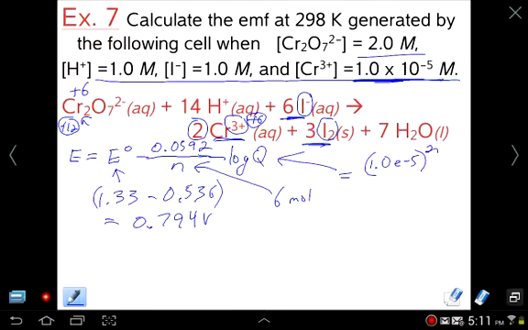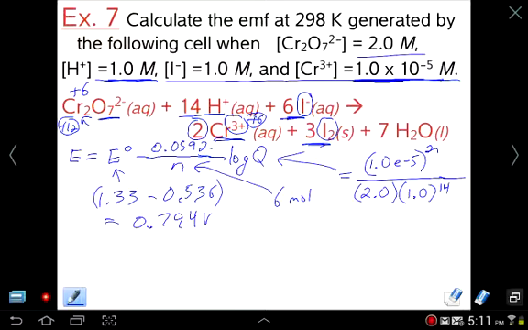And then the other concentrations are going to be reactants. So we have dichromate is 2.0 multiplied by H plus. H plus has a 14 in front of it. Luckily, H plus is 1.0 molar to the 14th power.